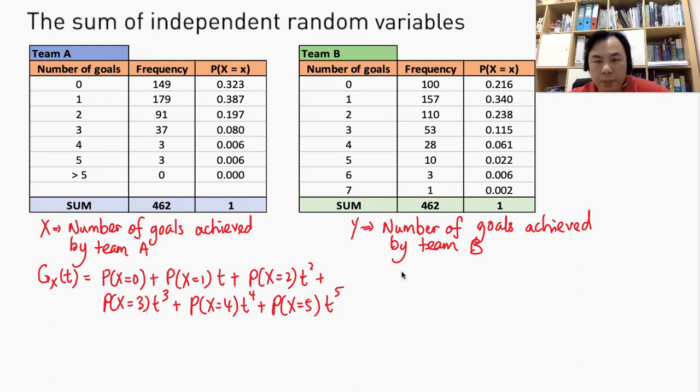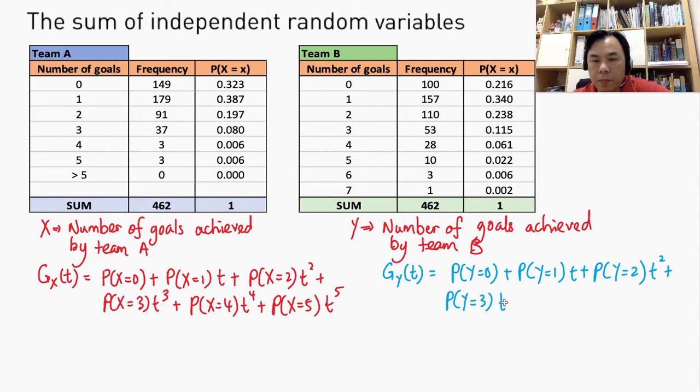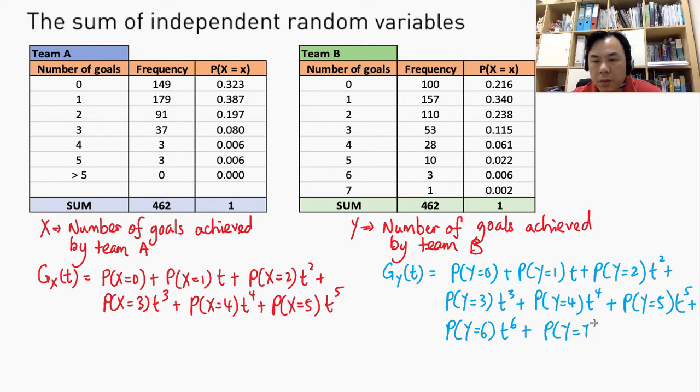Whereas for Team B, its probability generating function is labeled GY, and would be given by, instead of using X because this is Y now, P(Y equals 0) plus P(Y equals 1) t and so on. It goes up to 7, so you have P(Y equals 6) and P(Y equals 7) here.